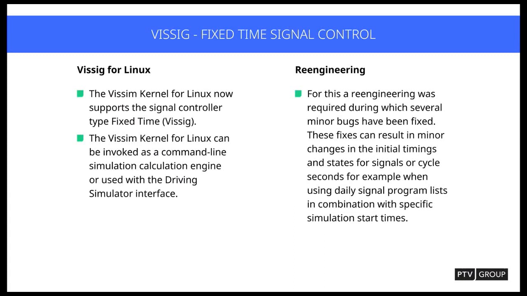So meaning fixed some bugs and improved some stuff, which also helped the use of Vissig with or under Windows, if you want. But the main point is that Vissig fixed time signal control is now available also in Linux.